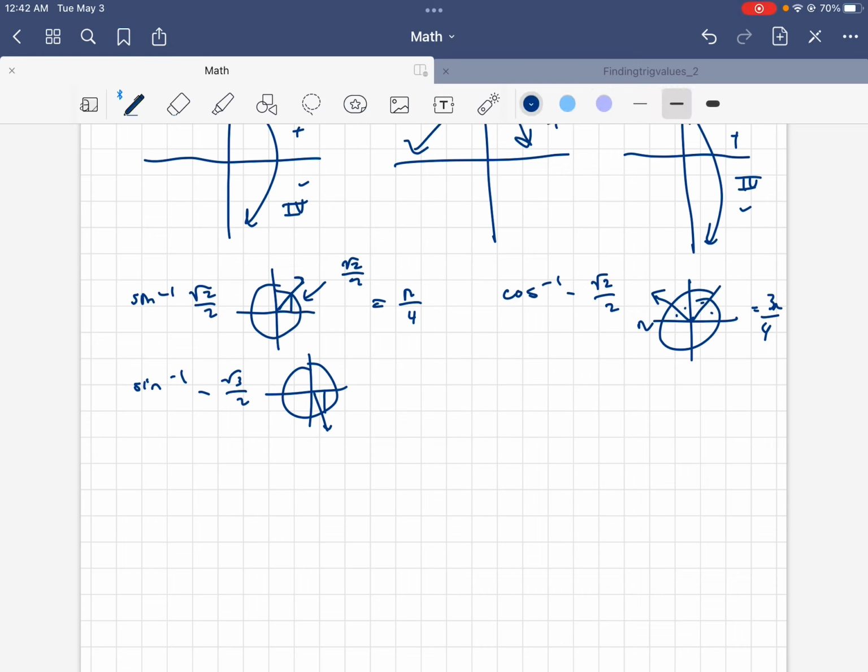And then if it's asking about square root of 2 over 2, that's easy. It's just the ones that end in 4. So when you think of it like that, it eliminates the other points and brings down the possibilities.